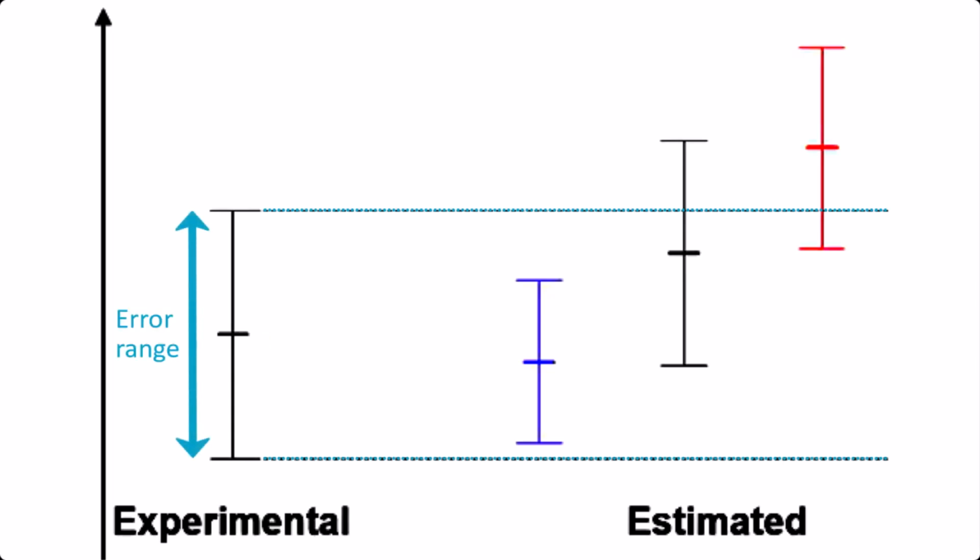If the estimated value is blue, it means that the level of confidence of the estimated value is inside the level of confidence of the measured value. If the estimated value is black, a part of the level of confidence is partly outside the measured data. A red color indicates that the level of confidence of the measured data may have been underestimated.